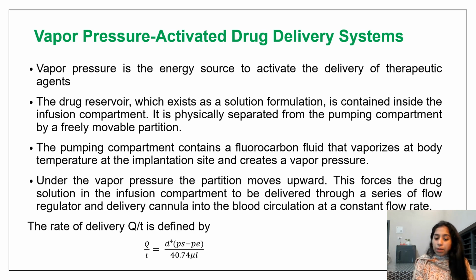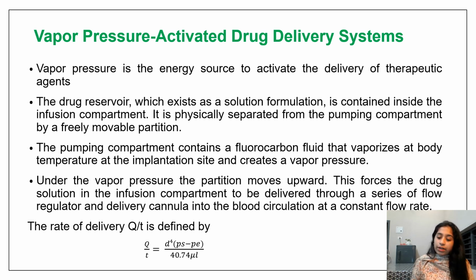The pumping compartment contains fluorocarbon fluid that vaporizes at the body temperature at the implantation site and creates a vapor pressure. Under the vapor pressure, the partition moves upward. This forces the drug solution in the infusion compartment to be delivered through the series of flow regulator and delivery cannula into the blood circulation at a constant flow rate.